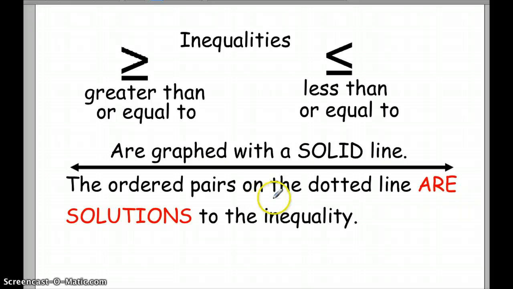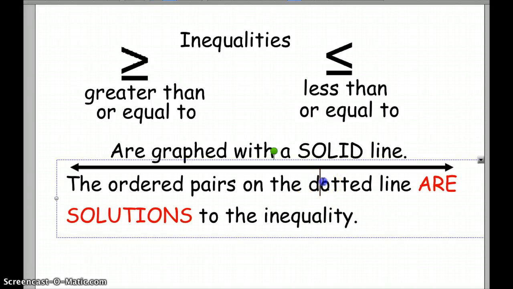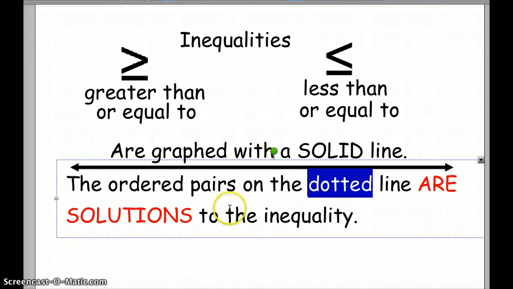The ordered pairs on the solid line, let's change that, that's incorrect. Solid line are solutions. So just so you know, that should change.